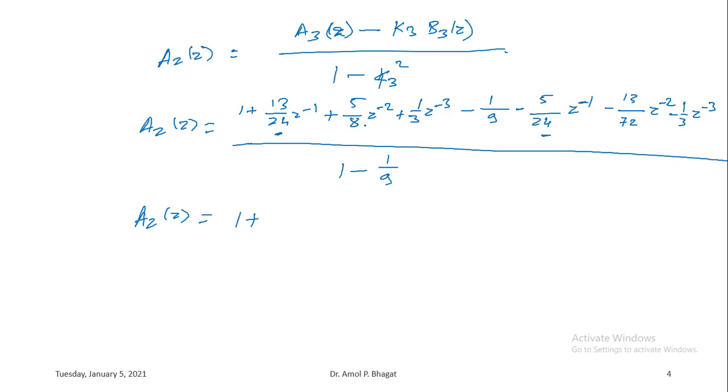Similarly you can simplify it, that is 5 by z to the power minus 2.